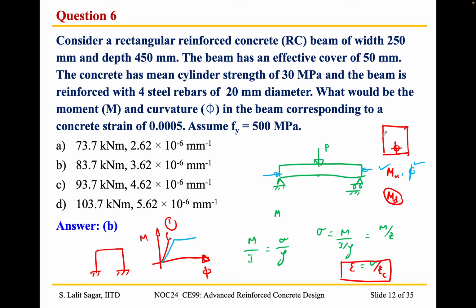It is extremely important to understand the moment curvature behavior for any type of structural element, whether it is a beam or a column, or even other forms such as the shear wall or whatever it is.